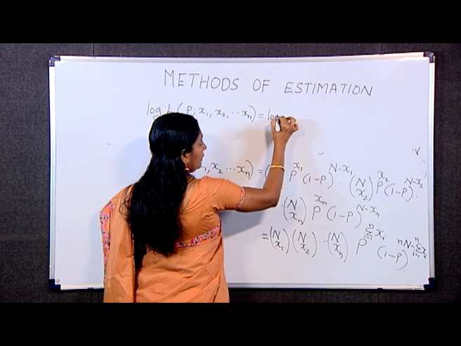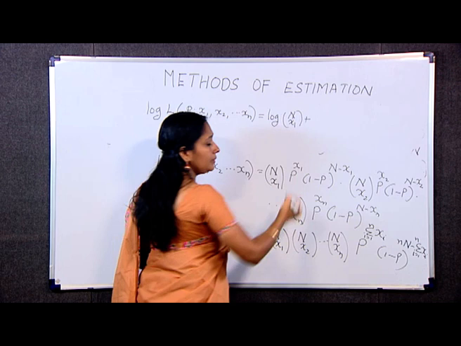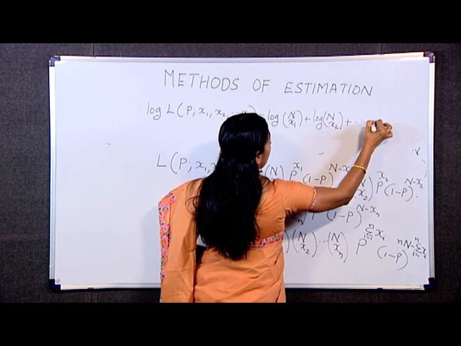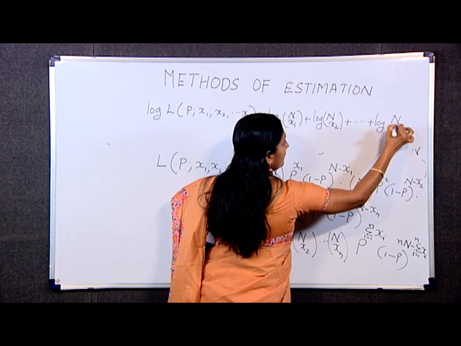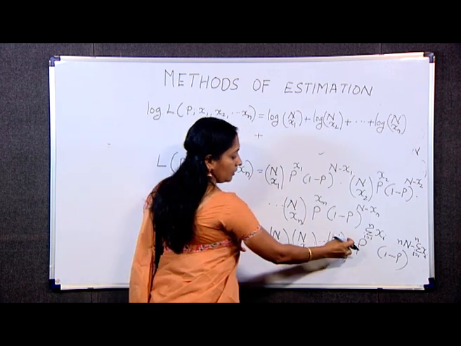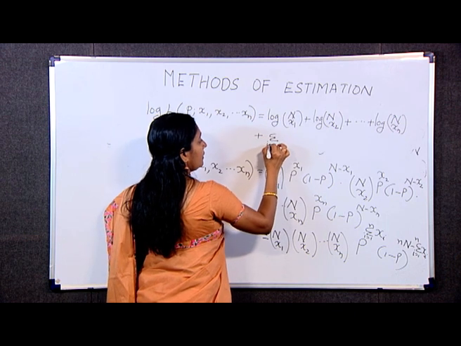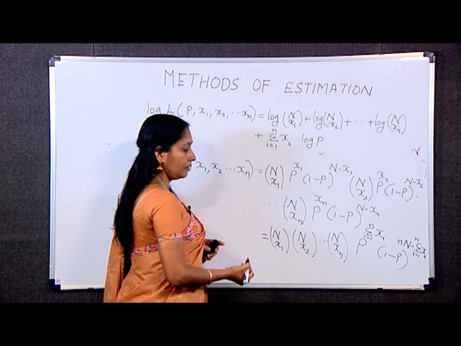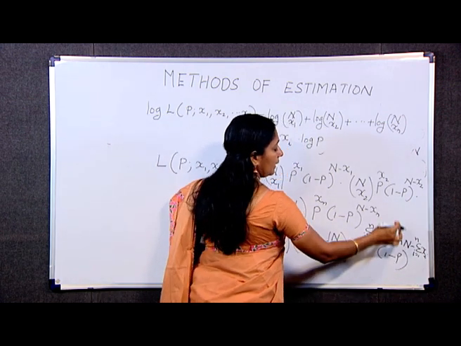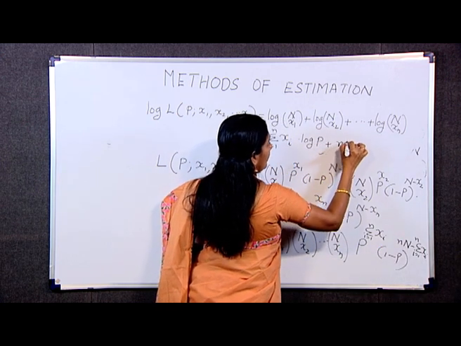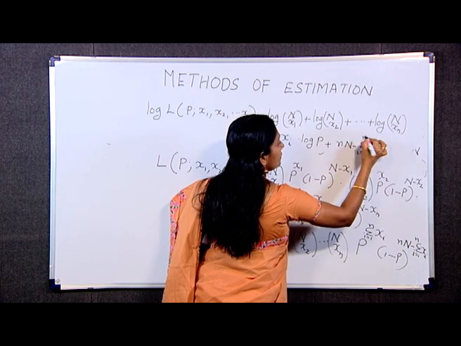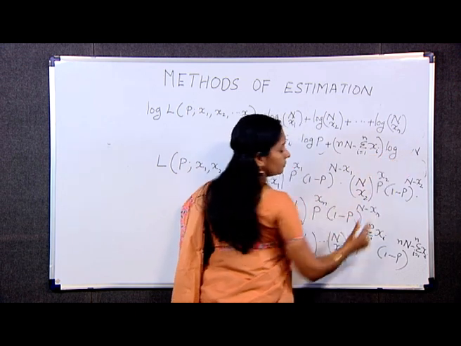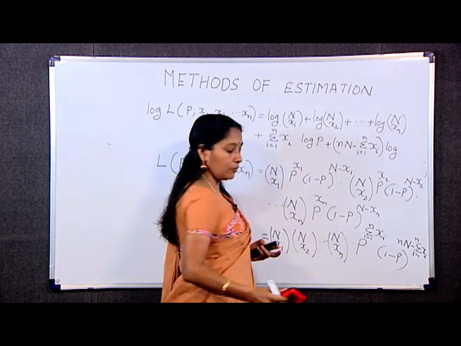So, we can write it as logarithm of NCx1 plus logarithm of NCx2 plus etc. plus logarithm of NCxn, again plus we have summation i equal to 1 to n xi into logarithm of p, then plus n into capital N minus summation i equal to 1 to n xi into logarithm of 1 minus p.